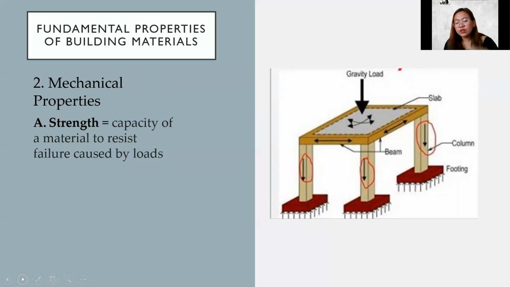Yung load natin, kunyari example, yung flooring natin, nagdadala siya ng load: the live loads, yung mga taong naglalakad. Tapos we have the dead loads, yung mga naka-fix, kunyari, bed, yung kama. So, yung load na to, napupunta siya dapat doon sa ating beam, and they would be transferred to your column, papunta sa ating foundation. Yan yung concept.